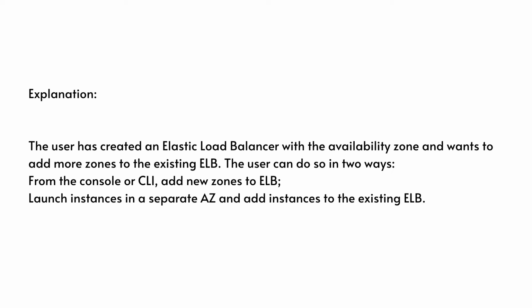The user can do so in two ways: from the console or CLI. Add new zones to ELB, launch instances in a separate AZ, and add instances to the existing ELB.